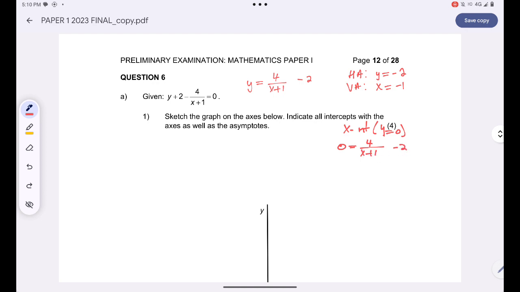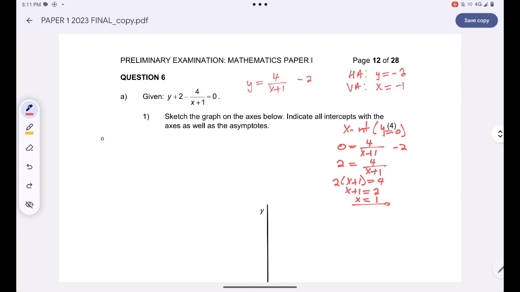If I take the 2 to the other side, it will be positive, and then I'll have 4 over x plus 1. Then I'll multiply both sides by x plus 1. I'll end up having 2(x plus 1) is equal to 4. If I divide both sides by 2, then x plus 1 is equal to 2, and x is equal to 1. So this is my x-intercept.